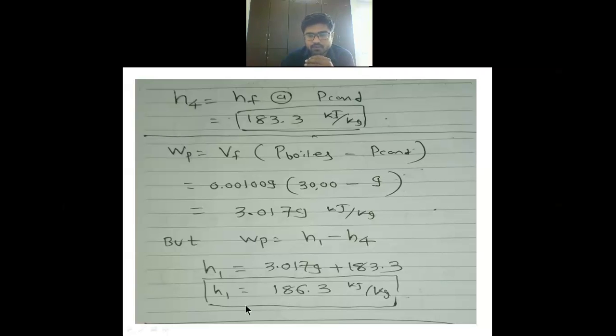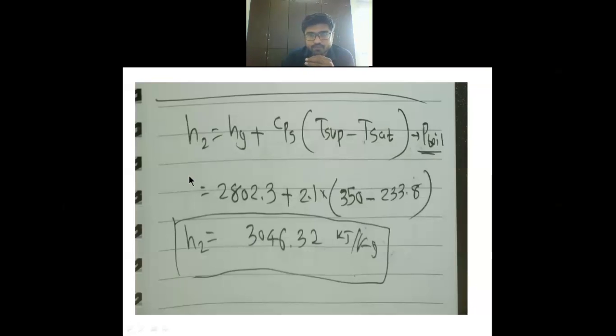Now for h2, I hope that up till now it is clear to everyone, h4 and h1. For h2, the formula is hg plus cps times (T superheated minus T saturated). All the data you have to take from the boiler pressure. So hg is taken from the boiler pressure.